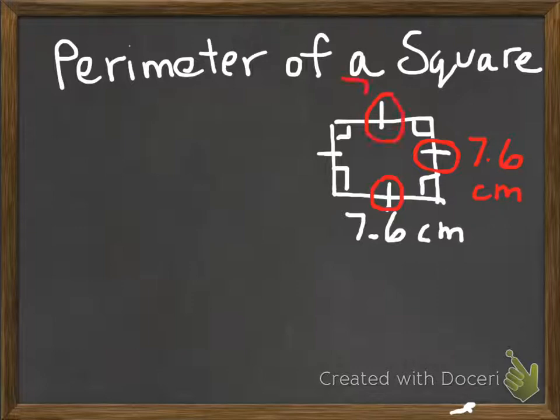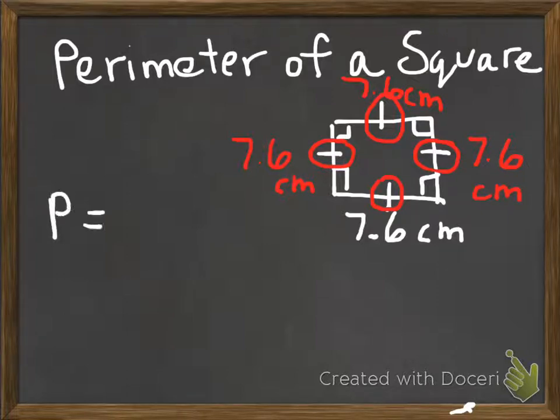This side here, 7.6 centimeters. And this one here, 7.6 centimeters. You can do it one way. You can add all the sides, just like the previous polygon. Or you can follow the formula of finding a perimeter of a square, which means 4 times the side measurement.